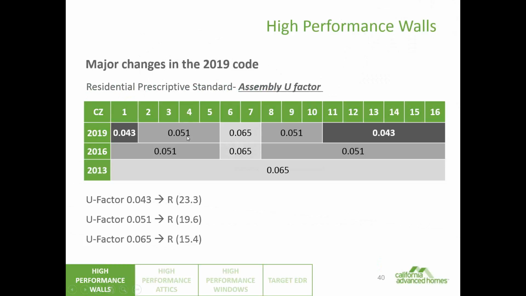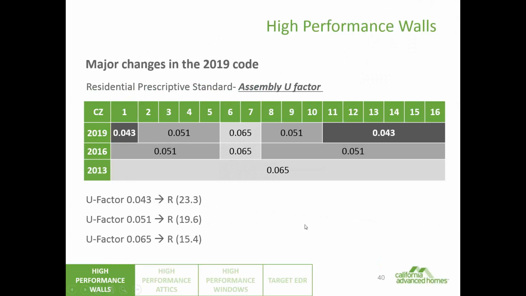So the wall assembly is saying that we've gone from a 0.151. So right now, we went from a 0.065 in 13 to now a 0.051 everywhere except for 6 and 7. And now we've increased this to a 0.043 in climate zone 1 and 11 through 16.